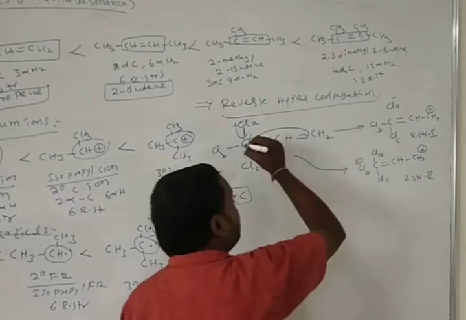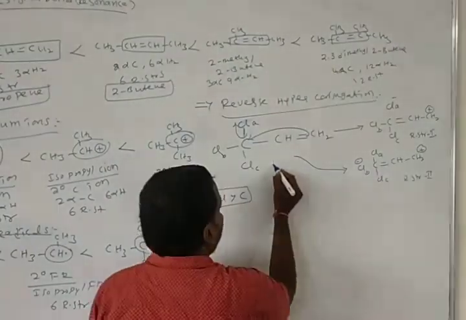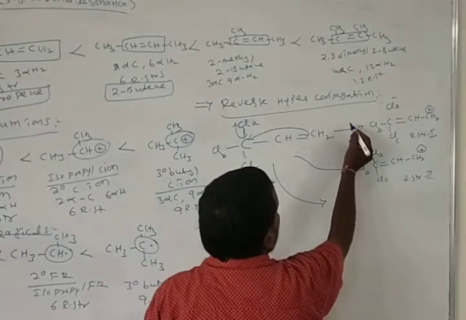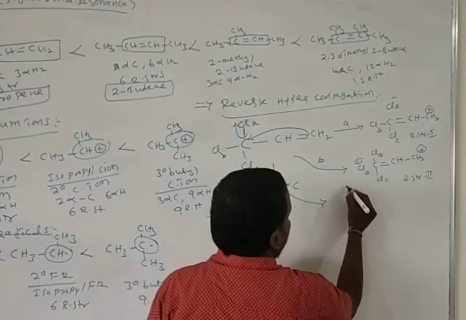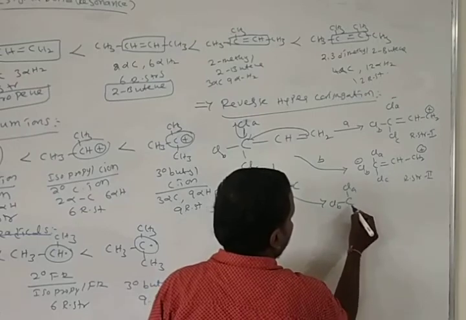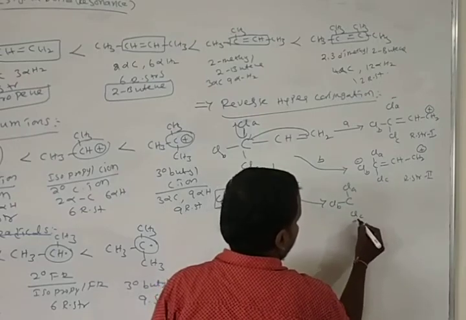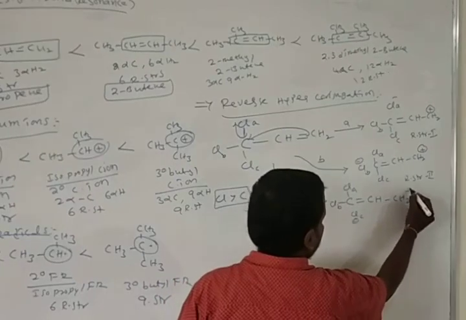Here electrons are transferred from carbon, so carbon gets positive. Take here Cl A, Cl B, Cl C negative charge, double bond CH, CH2 plus.